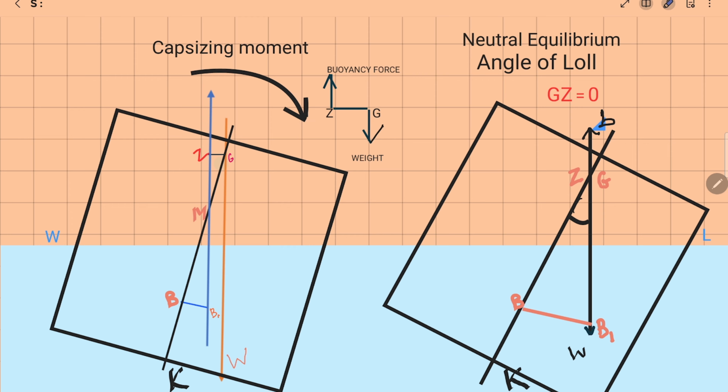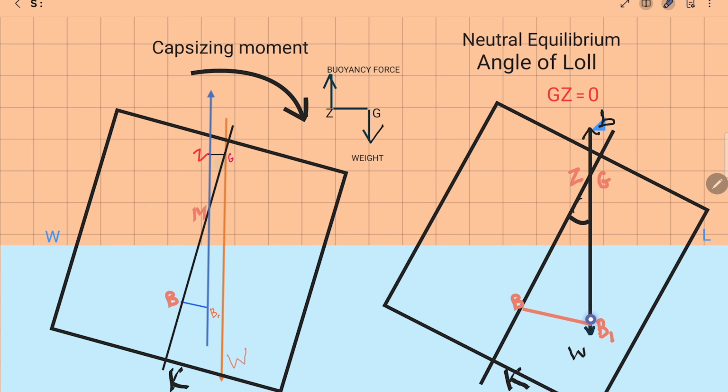And the ship will now continue to heel because there is no righting moment, there is no righting lever, she just has a capsizing lever. So she will just abruptly flop over to a large angle of heel. And as she continues to heel, the center of buoyancy will shift more outward, and at some stage, the center of buoyancy may come directly under the center of gravity.